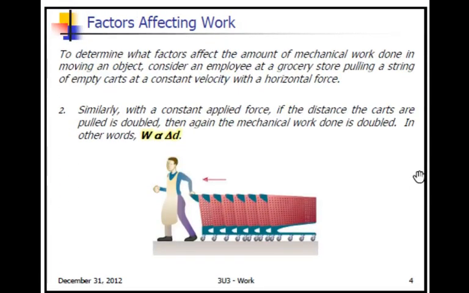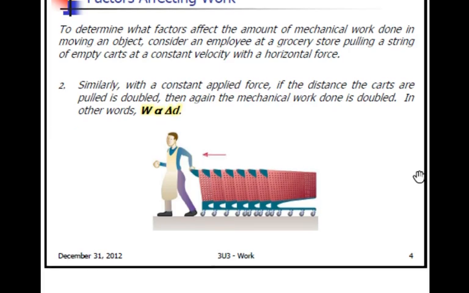Another way to look at it, if objects, in this case the grocery carts, are moved a greater distance, more work is done. So work is also proportional to the amount of distance that an object is moved.